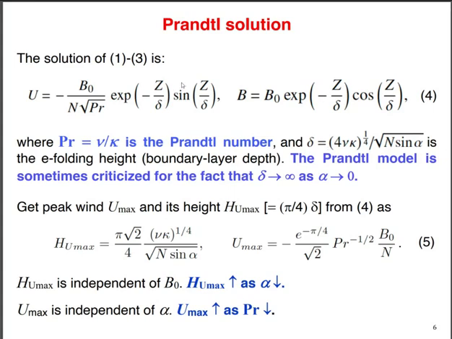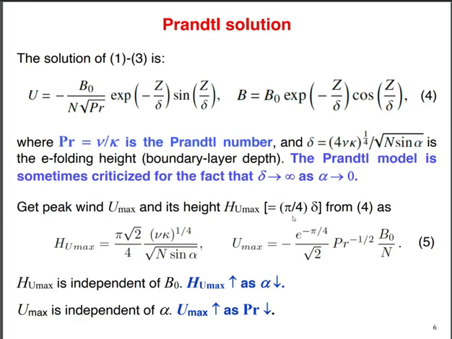Okay, anyway, from equation 4, from the analytical solution, you can differentiate your u with respect to z and find out where u is a maximum, and so you do that and you get your equation for the height of the wind maximum, as well as an equation for what the wind maximum actually is. And a few things to note about that.